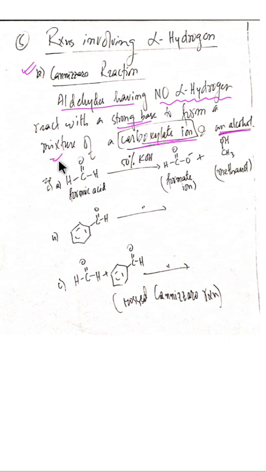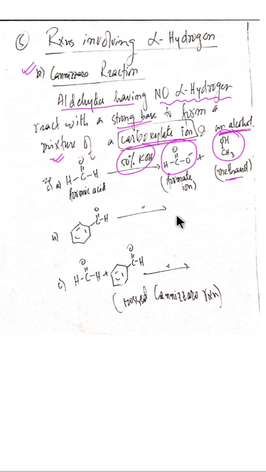So I am taking here formaldehyde, which is reacted with 50% KOH, okay. This is a strong base, and this formic acid when reacted with this, then we will get a carboxylate ion containing the same number of carbon atoms, okay. Here only one carbon atom is here, so the carboxylate ion will also contain one carbon atom only, and the alcohol will also contain one carbon atom only.